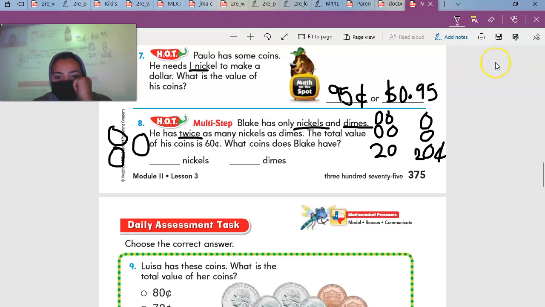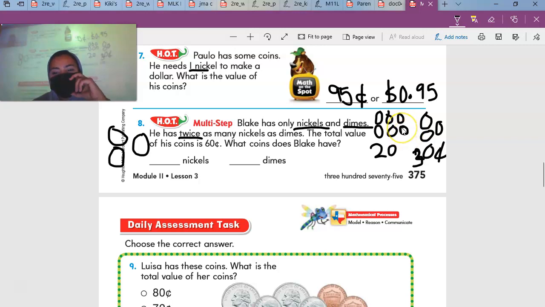Leah? 3 dimes? Let's try. 3 dimes makes how many cents? 30 cents. And if I have 3 dimes that are 30 cents, then I have 6 nickels.